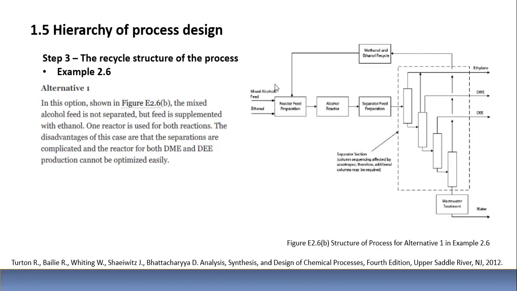We have a reactor that will react both the mixed alcohols line and the pure ethanol line. The disadvantage of this case is that the separations are complicated and the reactor for both dimethyl ether and diethyl ether production cannot be optimized easily.